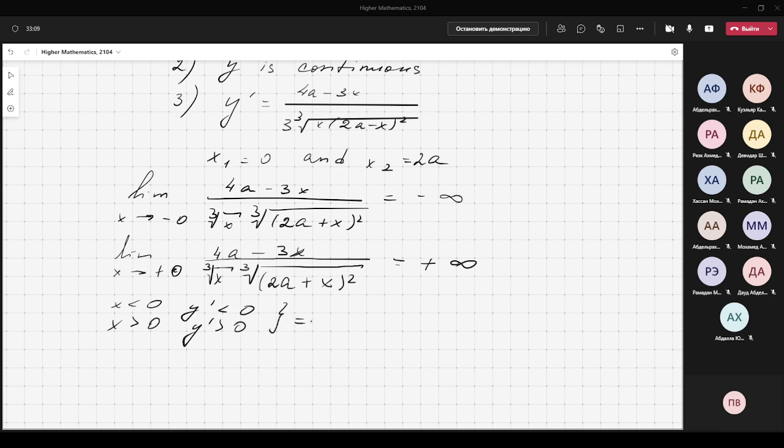Hence, at x is 0, the function has a minimum. The value of the function at this point is 0.